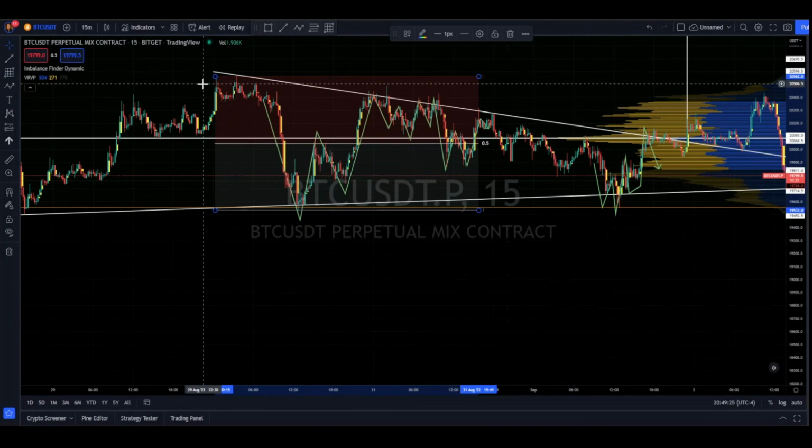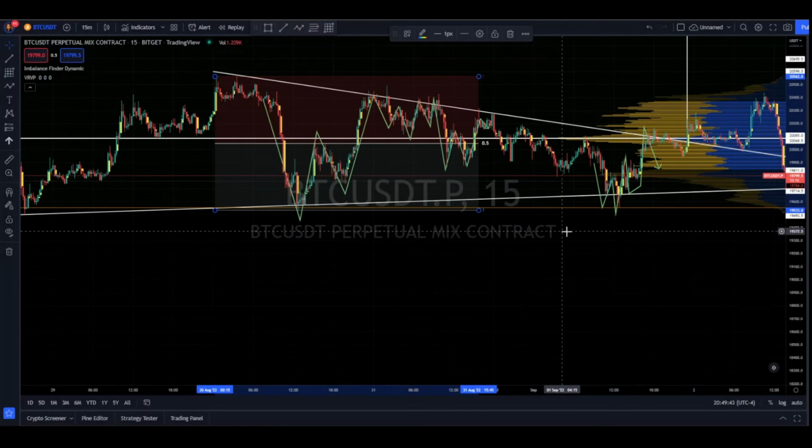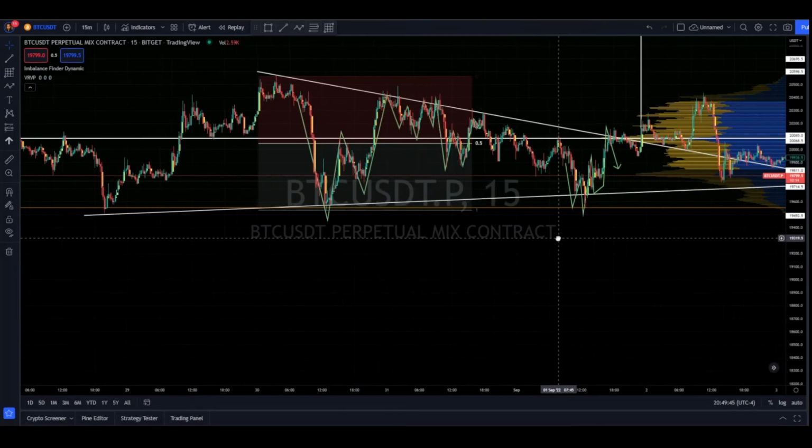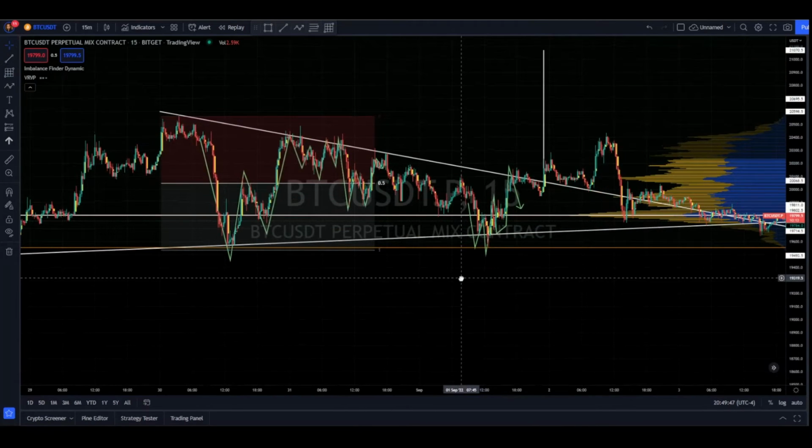So based on that, when I'm down here in this lovely light green area, I'm thinking to myself, I need to take a long. I can take a long within this structure, within this support and resistance. And this was a bullish flag, bull flag.